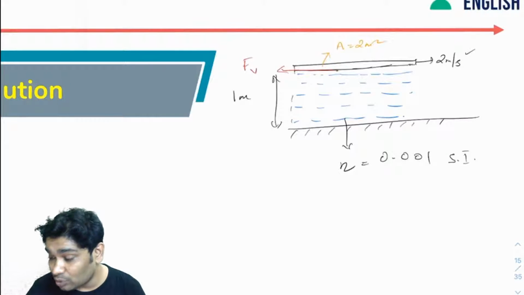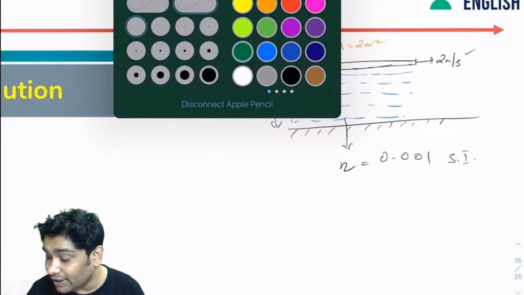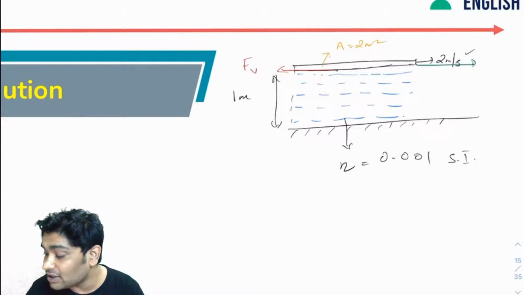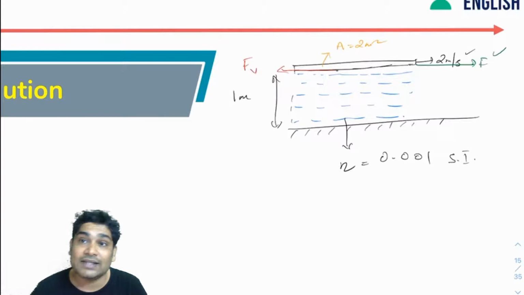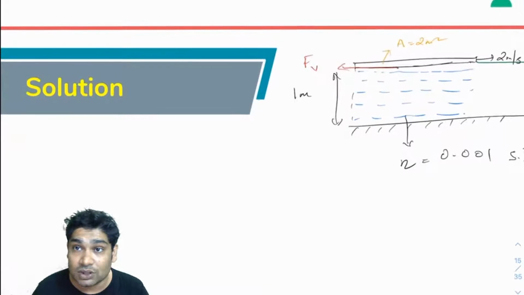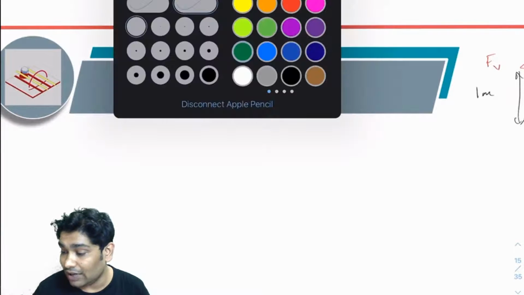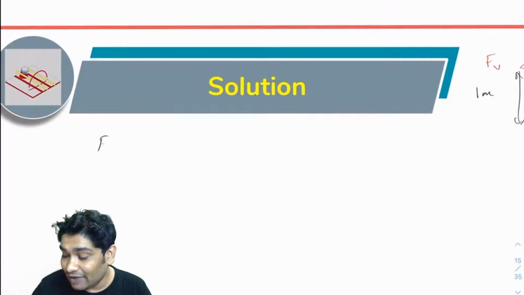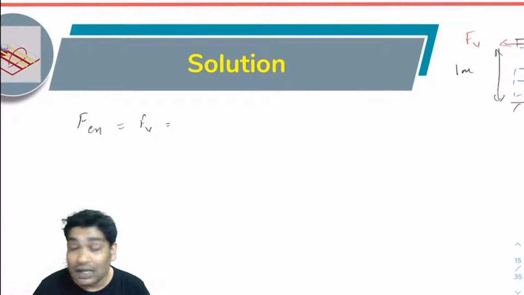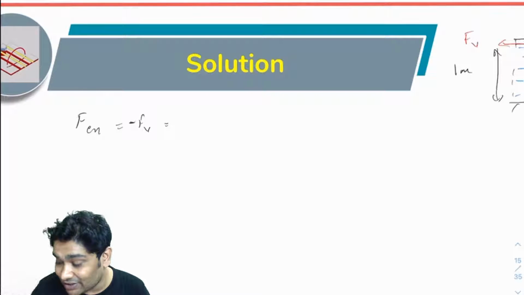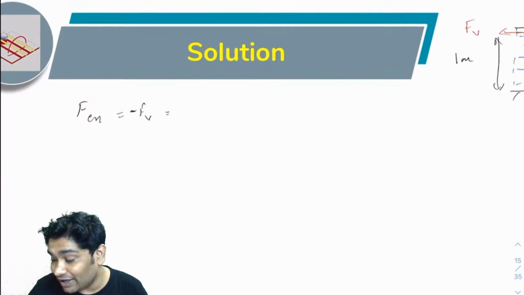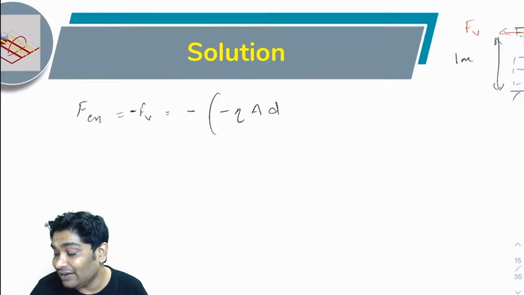To balance this, to move this plate with a constant velocity, you will need an external force. This is what you have been asked for. This external force would be equal to the viscous force in magnitude. So F external would be equal to minus F viscous, and minus F viscous becomes minus of minus eta A dV over dy.